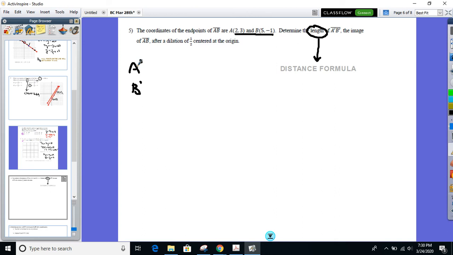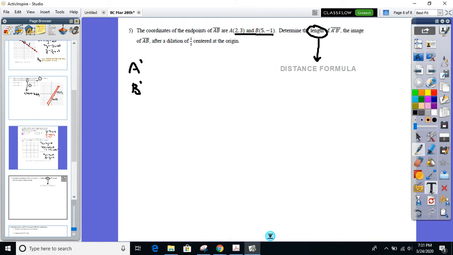Either way, you're going to have to cut something in half and do the distance formula, no matter what order you did. So I'll let you guys choose the way you want because I don't want to force a way on you. So pause the video, find the distance between AB and cut it in half, or find the new points A prime, B prime and then use the distance formula. All right, and then we will talk here in a minute. So go ahead, pause the video, try that on your own. I'm going to keep going.